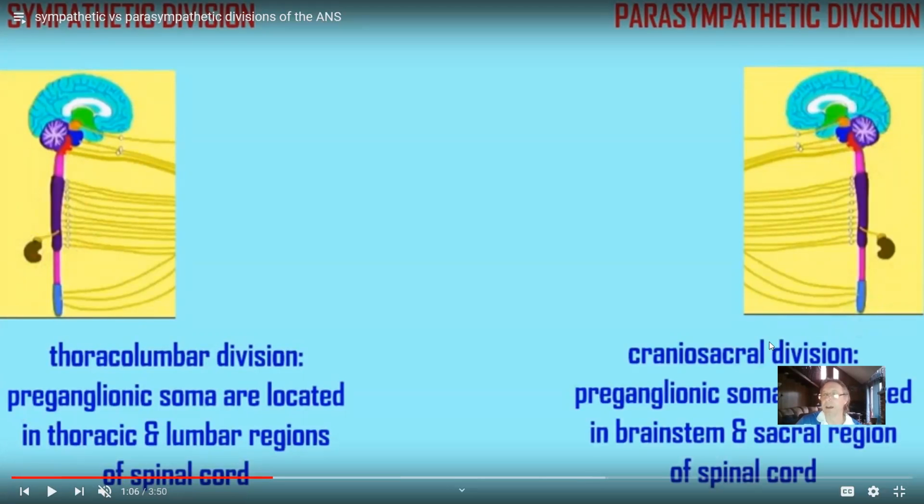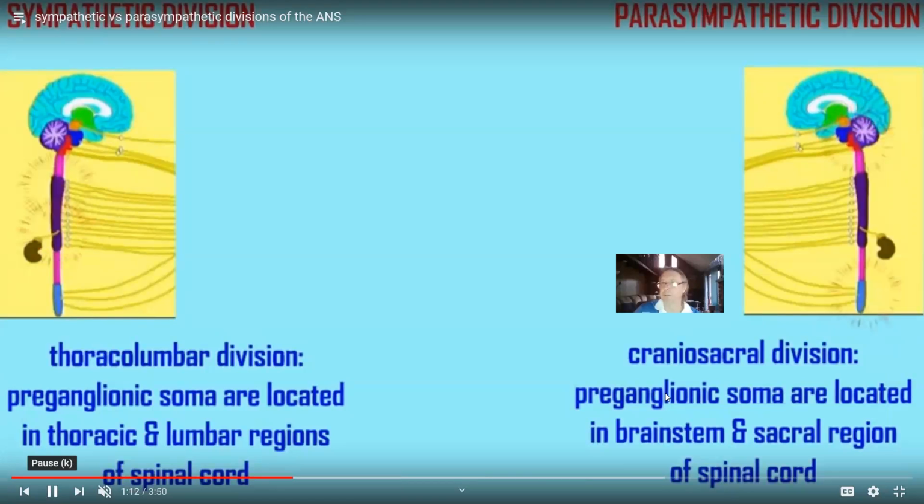In contrast, in the parasympathetic division, the preganglionic soma are in the brainstem and in the sacral division. So it's sometimes called the craniosacral division because the preganglionic soma are starting here and here.